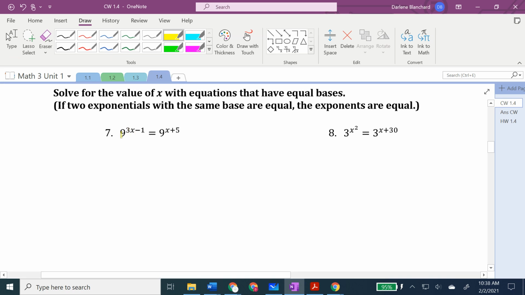I want you to take a look at, you have 9 to the power of 3x minus 1 must equal 9 to the power of x plus 5. Anyone think they know what you should do? Because you might actually just see it. Notice that you have the same number 9.